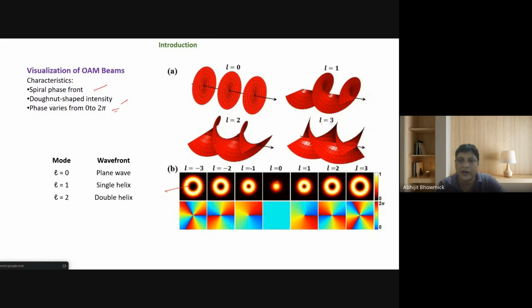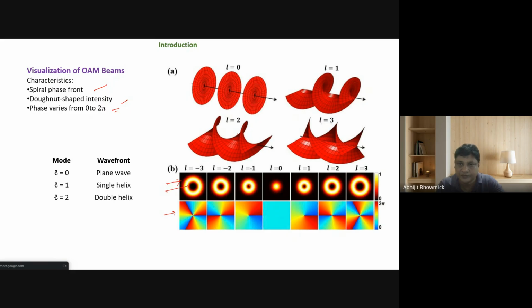If you look here, the upper one is the intensity and the lower one is the phase structure. If you look at L is equal to 0, the intensity is here, the yellow line, high. As the value of L, the mode index, increases, you can see that the bright portion slowly increases in radius.